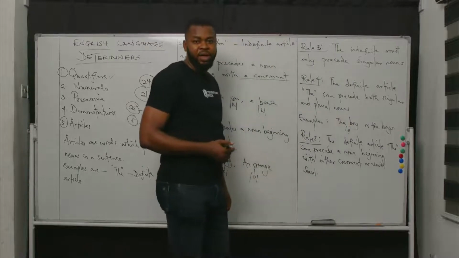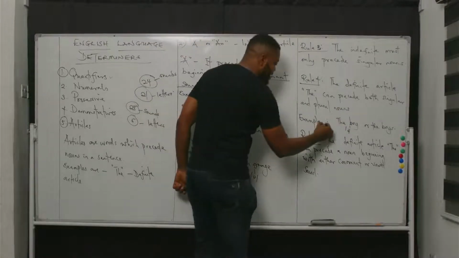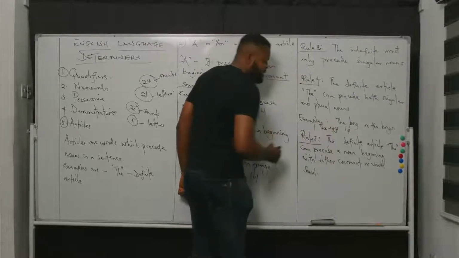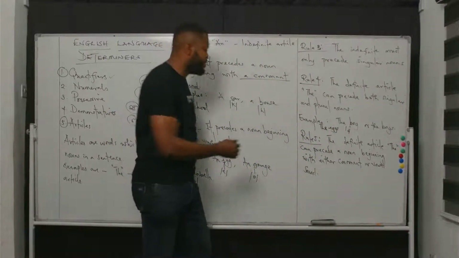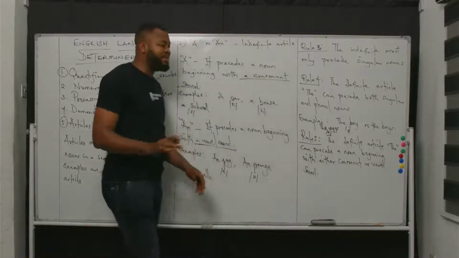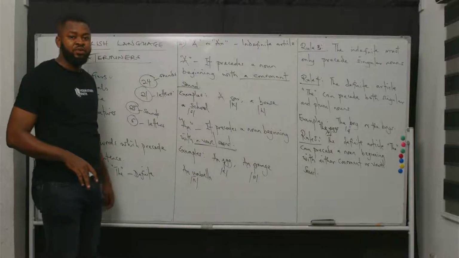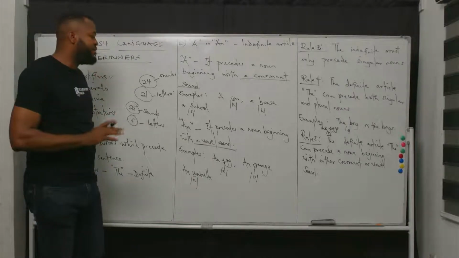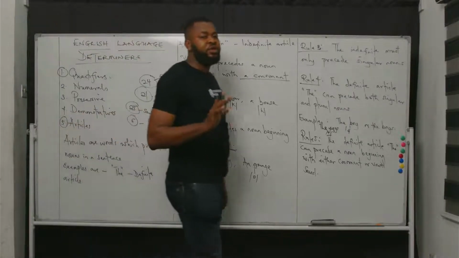B, B, B. The same way you can say the eggs, for instance. The E sound is a vowel. It can precede any of it. So these are the 5 rules that govern the usage of the article. 5 important rules. Please let me know if it is clear to you.